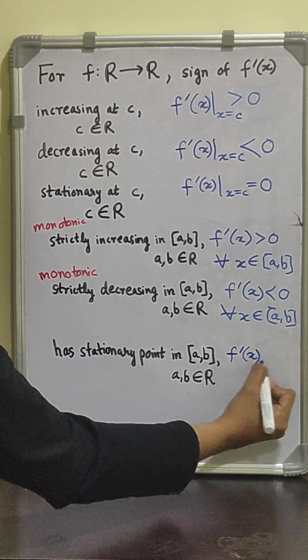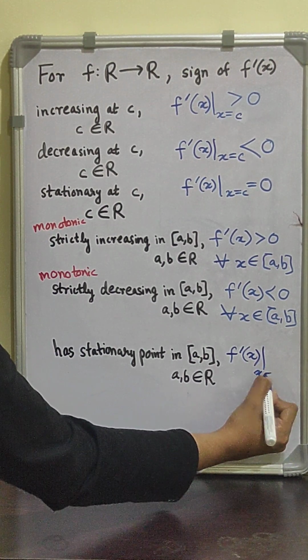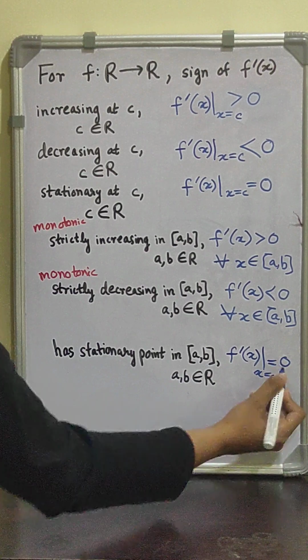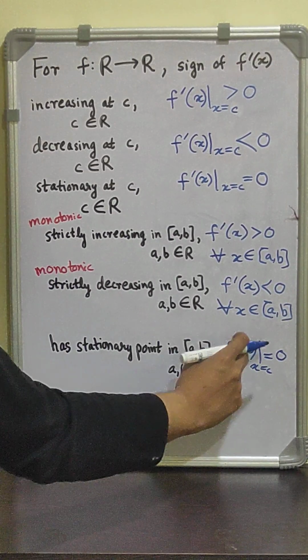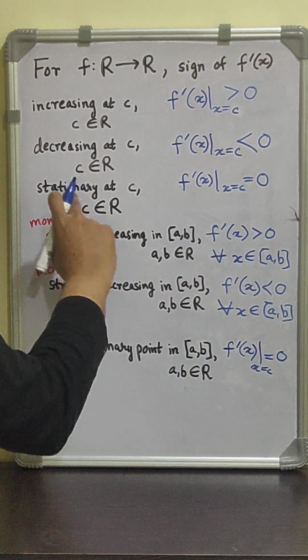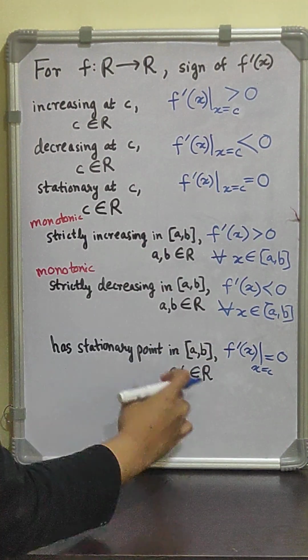Practically what you would get is, I want to find a c such that f prime x is 0, so that I can say that c is a stationary point.